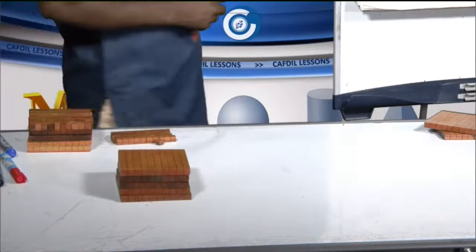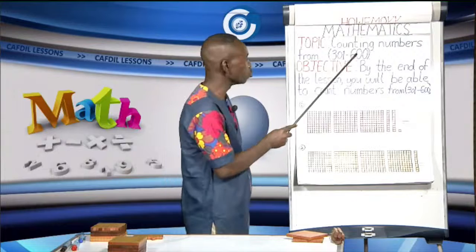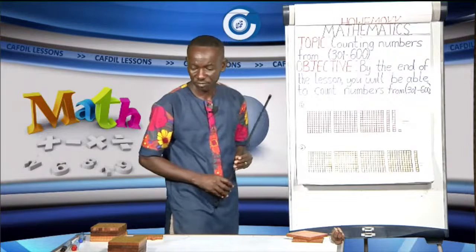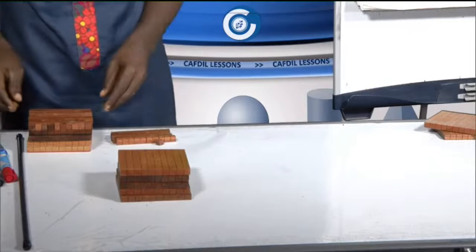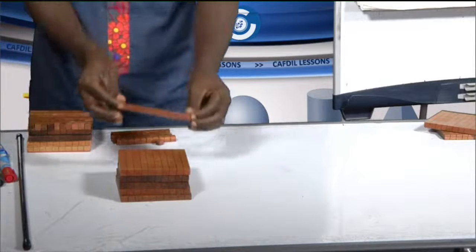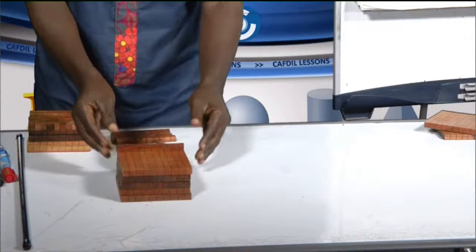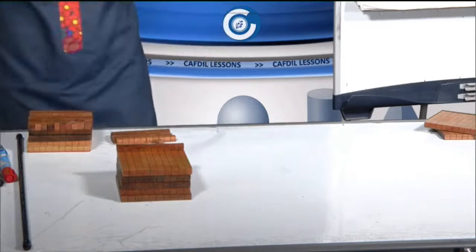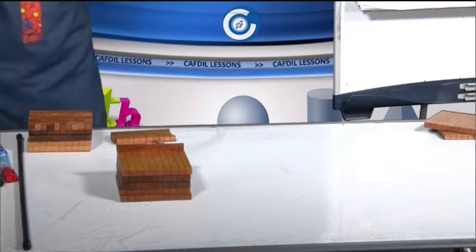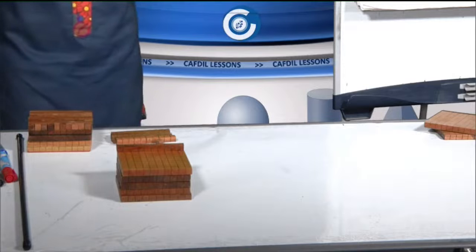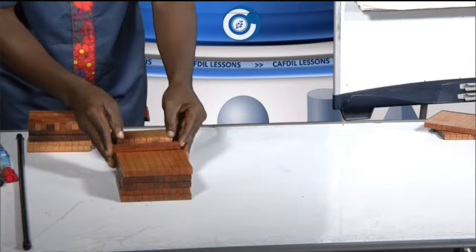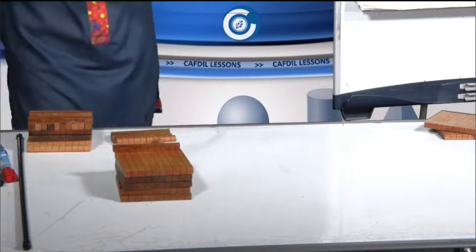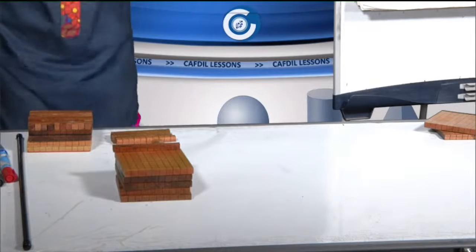Remember, we are counting from 301 to 600. So I can add 1 long to 500. Learners, remember we said 1 long shows 10. So when I add 1 long to 500, what are we getting? 510.